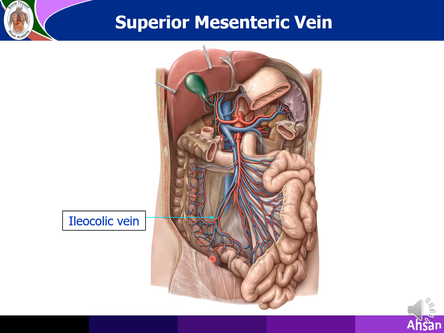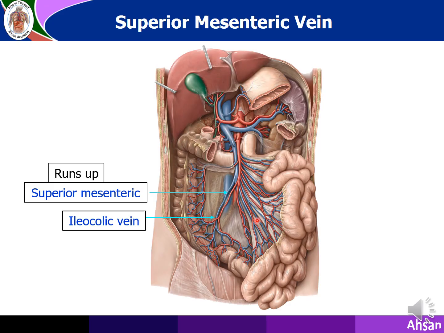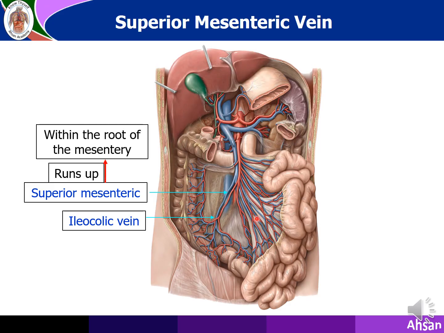So this is the cecum. So it collects blood from the distal part of the ileum, cecum, vermiform appendix, ascending colon. All this blood is collected by this one and continues as the superior mesenteric vein. On the way it collects blood from the ileum and jejunum.